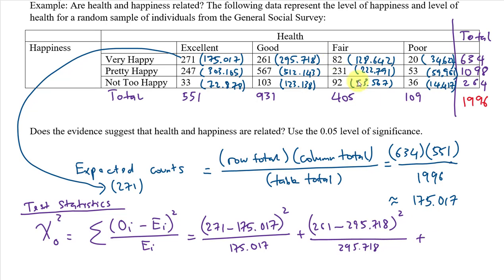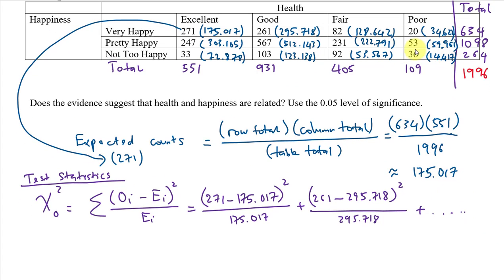I repeat the process until I get to the last cell, which is 36 minus 14.417, the whole thing squared divided by Ei, the second number. If you do all the calculations correctly, you should get the approximation 182.173. And this is the test statistic.